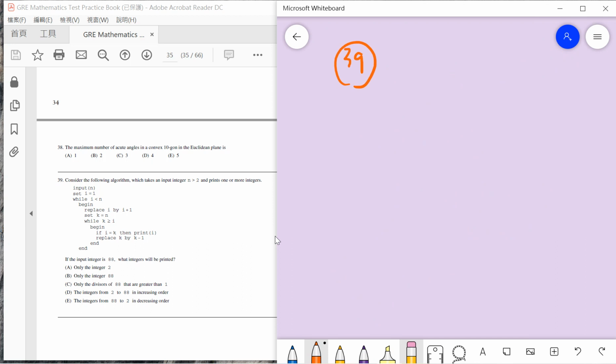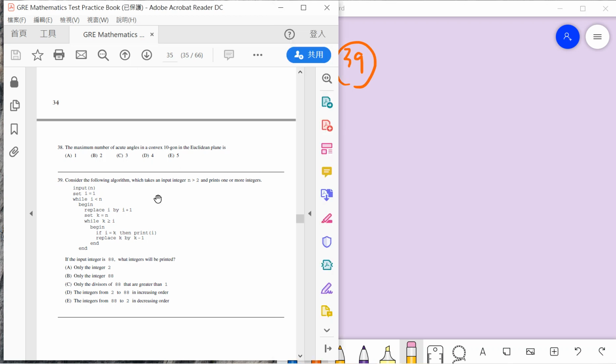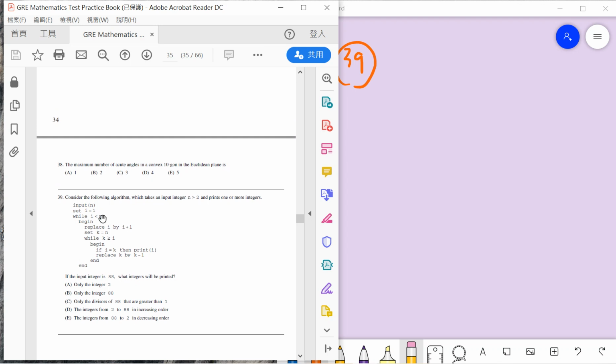I think 39 is the last problem I want to solve, because I think probably this video is too long. Okay. So 39 is basically a code problem. Input n, set i equals 1, and while i is smaller than n, begin and replace i by i plus 1, set k equals n. And n is 88.